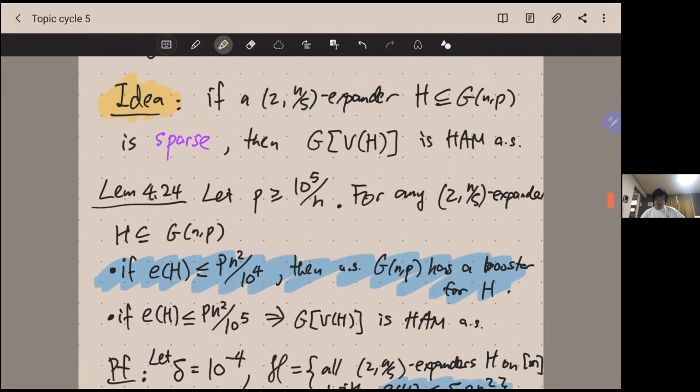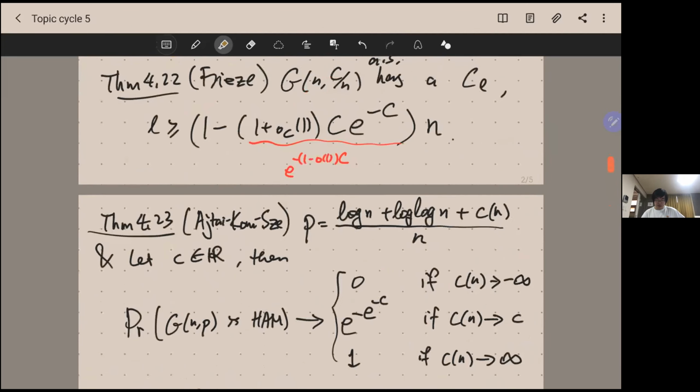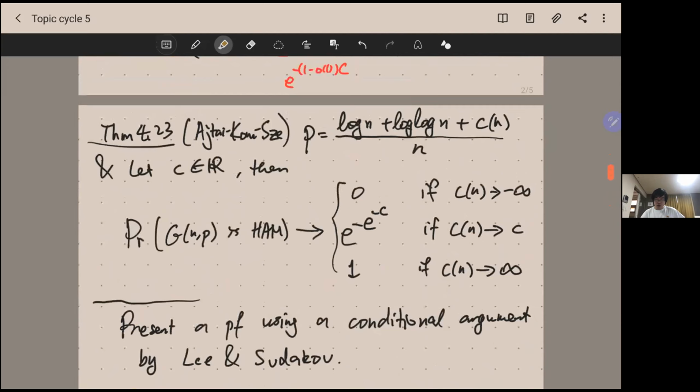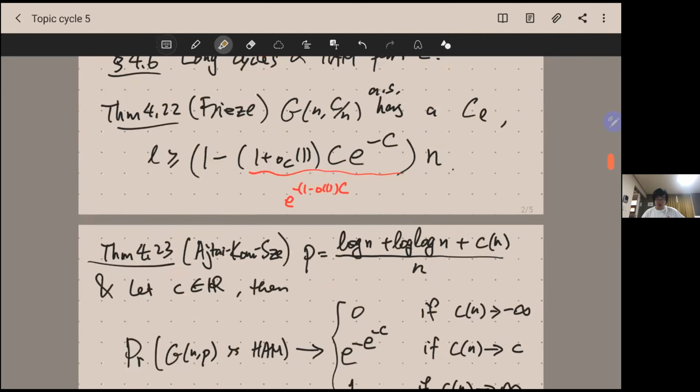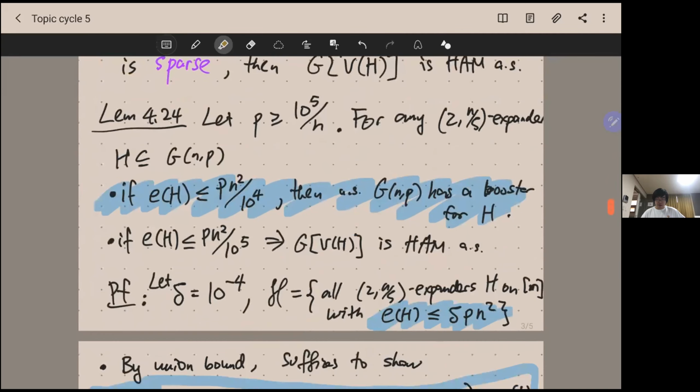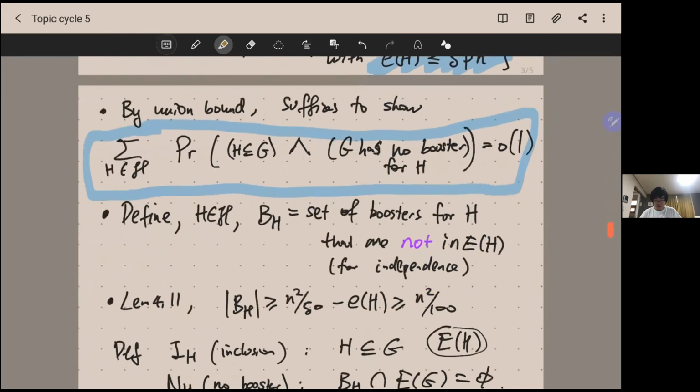Right. So if you stare at 4.24 and at these two theorems, all we need to do, for both theorems, is to find a long cycle. In particular, for the second one, to find a Hamiltonian cycle. So if you look at 4.24, all we need to do now is to find the H in G(n,p) such that it's an expander, it's large, and it's sparse. Then we can use this lemma to prove that it's Hamiltonian. That's it. Okay.